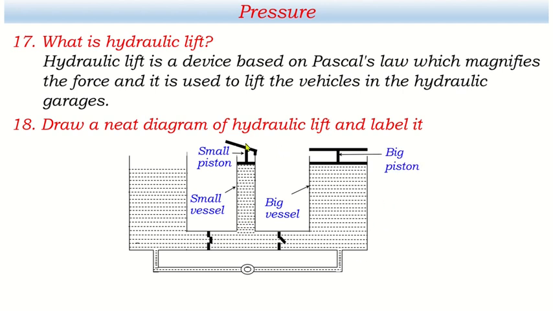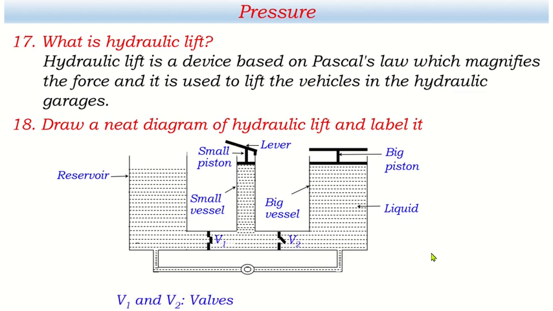A lever is set to create the pressure in the liquid on the small piston, and a liquid is filled in this device. And another vessel, this is the reservoir. The reservoir and the small piston are separated by means of a valve, and this valve can be named as V1. The small vessel is separated from the big vessel by means of another valve that can be named as V2.